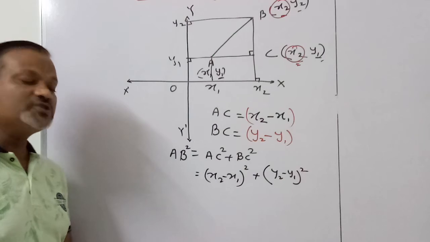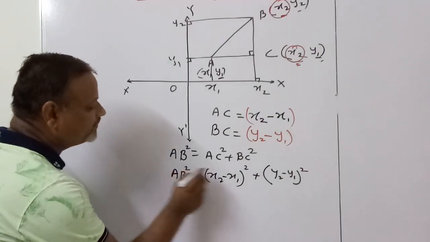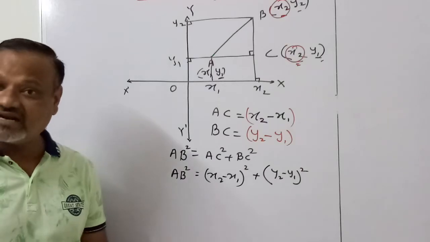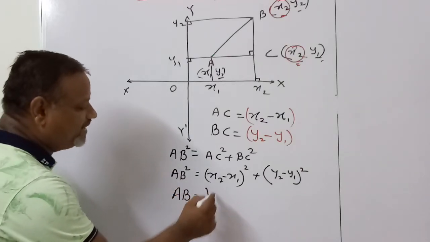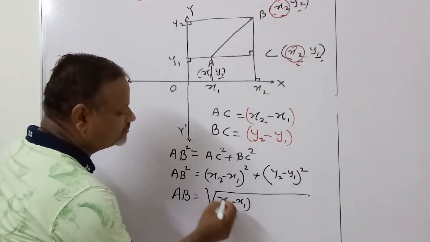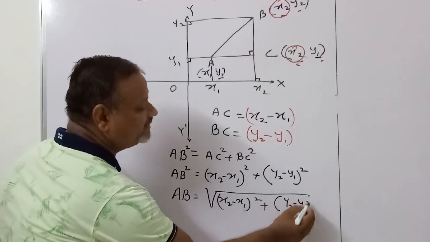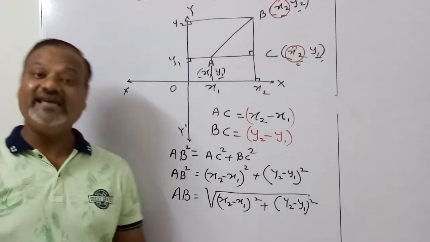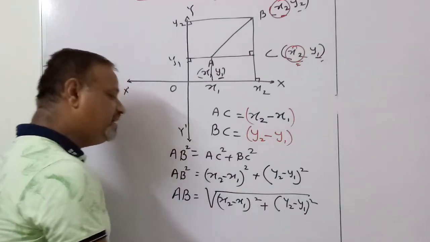Now we will take square root on both sides. Then what we will get, this is AB square है, तो इसका स्क्वायर रूट कंसीडर करता हूं तो क्या मिलेगा मुझे, AB is equals to square root of x2 minus x1 whole square plus y2 minus y1 whole square. So this is the formula to find the distance between AB.